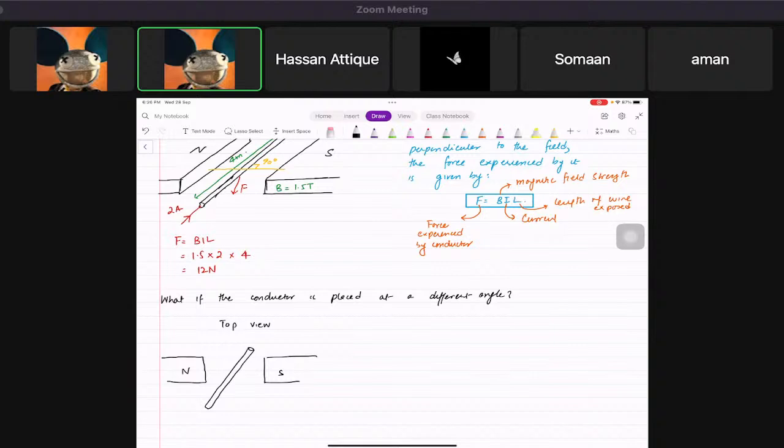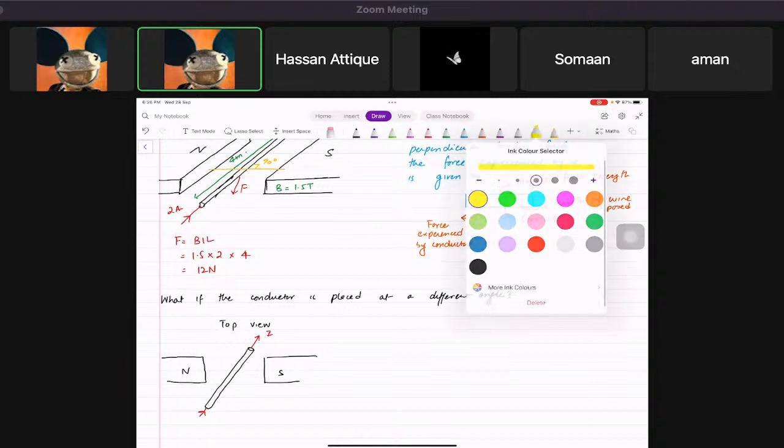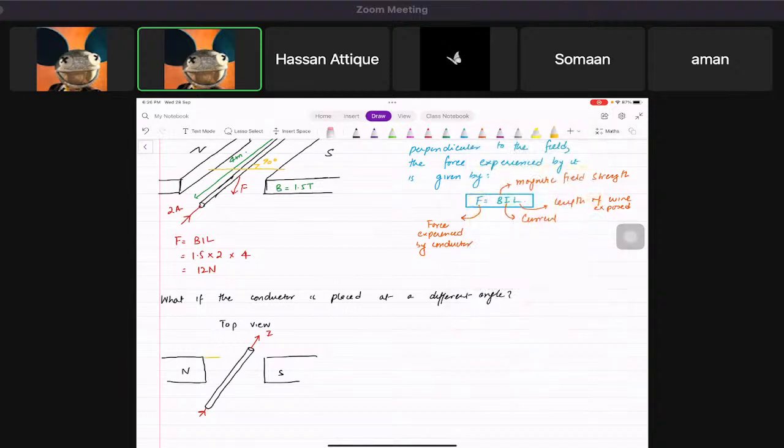The current is the same going. Now the field, if you make the field at a certain degree theta from this, now the field must be perpendicular to it. It must be perpendicular, okay?